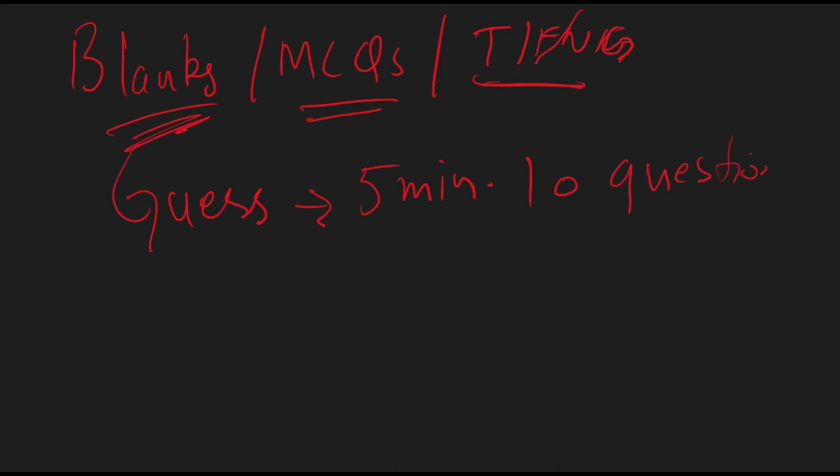I know it's a very hard situation if you have 10 questions and only 5 minutes. Now, would you rather have these 10 questions be naming paragraphs or completing a flowchart? Or would you rather have them as true, false, not given, MCQs, and blanks? Most people would agree they would rather have these, because they can kind of guess them by skimming through the paragraph.